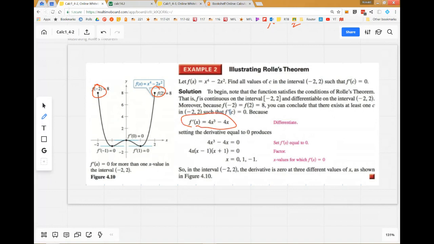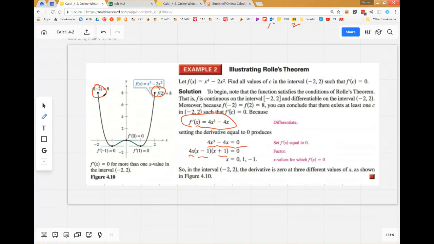Easy derivative, power rule, 4x cubed minus 4x. When is that equal to 0? So we set it equal to 0, and we can factor that. You can take a 4x out, and then what's left? x squared minus 1, which is a difference of two squares, and that can be factored.